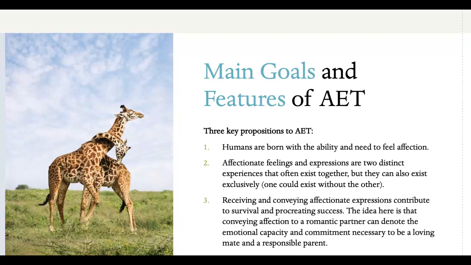So, from this perspective, the need for us to show affection is not just because we need to, but because it's also important to convince our partner that this affectionate behavior means we will be a good parent who's going to be caring for our future baby, and that we have the commitment that is necessary to raise that baby.